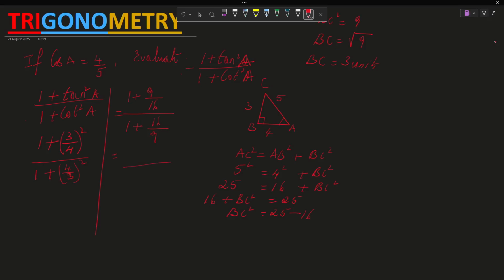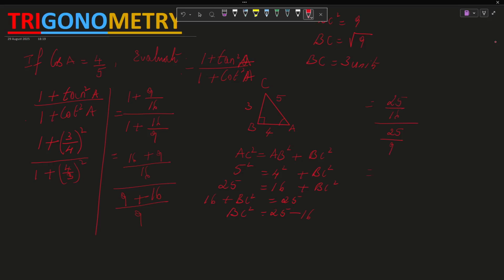So for the numerator, LCM is going to be 16. So LCM is to be multiplied to each and every term. 16 into 1 is going to be 16 plus, when I multiply 16 here it gets cancelled, so 9. Divided by the denominator, LCM is 9, so this will be 9 plus 16, because LCM has to be multiplied to each and every term. So now when you solve it, 16 plus 9 is 25 divided by 16, divided by 9 plus 16 is going to be 25 divided by 9.